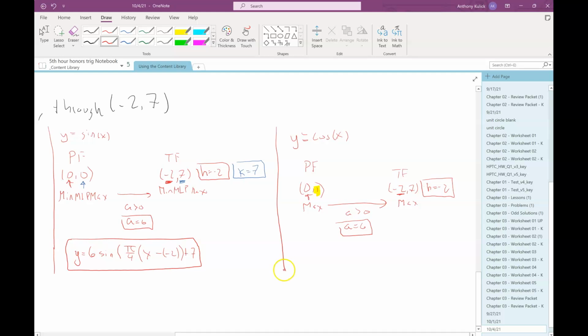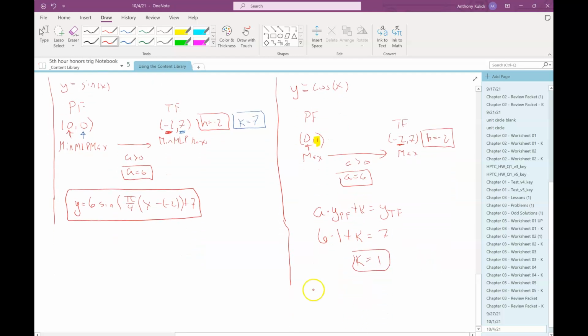So that means I'm going to actually have to solve for K algebraically. So I can say A times the y from the parent function plus K is equal to the y from the transformed function. So 6 times 1 plus K equals 7. So K must have been 1. And that's all we need then.